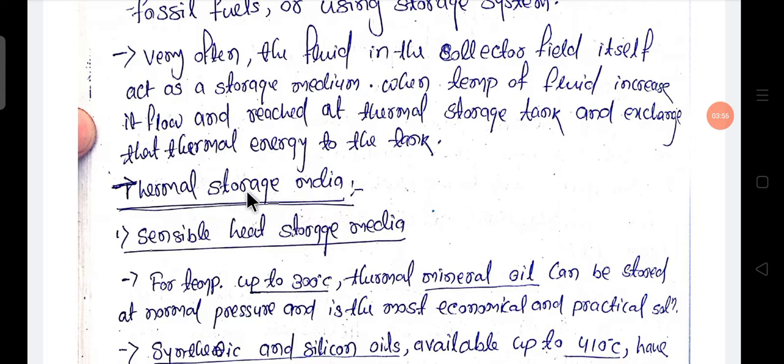The thermal storage media is the type of material we use to store the thermal energy in our storage tank. Now let's look at the types of storage media.